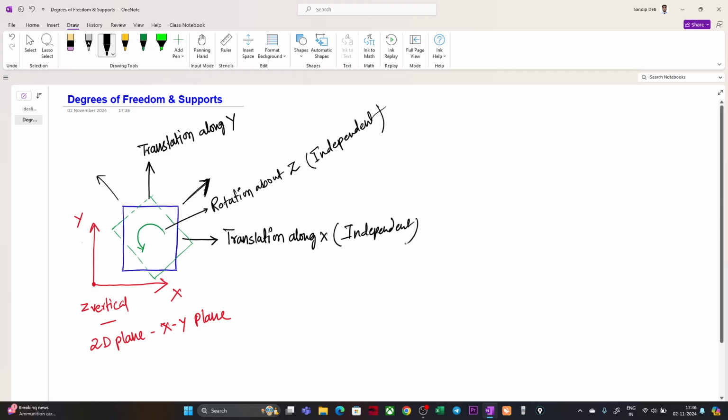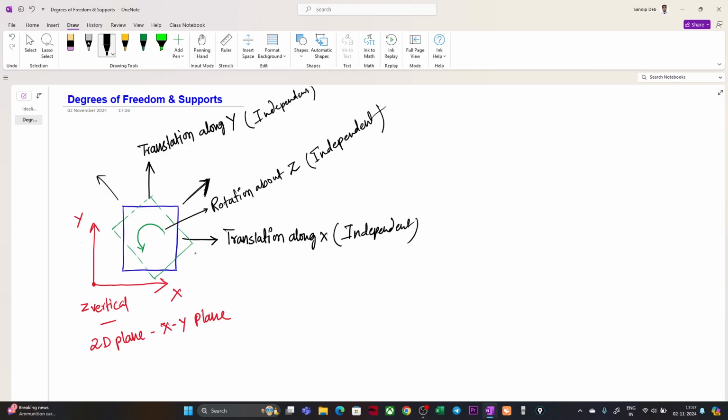Independent. And when you are saying the translation along y, that also doesn't require z or x, so this is also independent. While defining the configuration of the system, we can independently define it only with y.